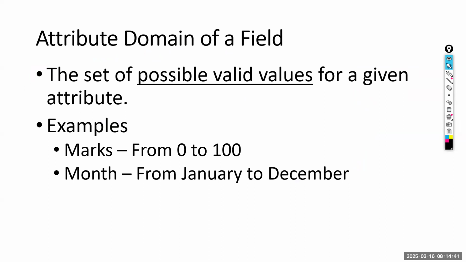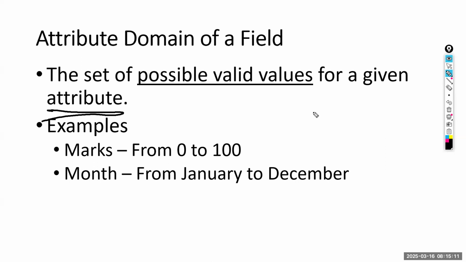Then we'll look at a few more concepts. What is meant by attribute domain of a field? Attribute domain of a field means a set of possible valid values for a given attribute. It can be a set of values or a range of values, or it can be anything. For example, if you say month, the only possible values are January to December.